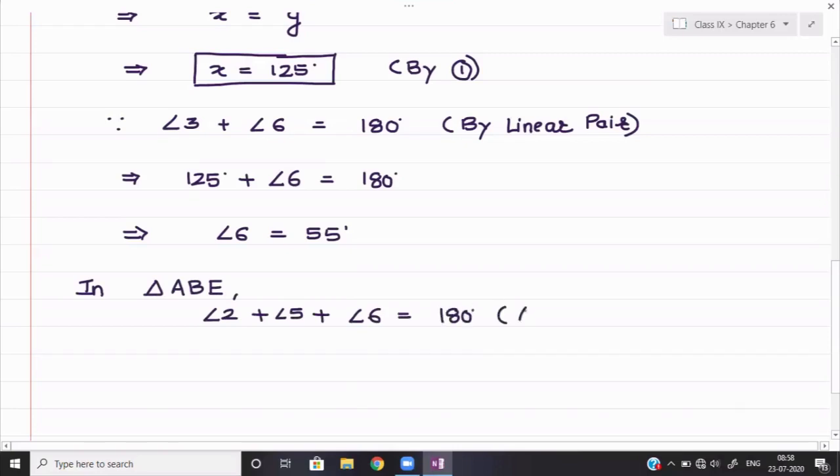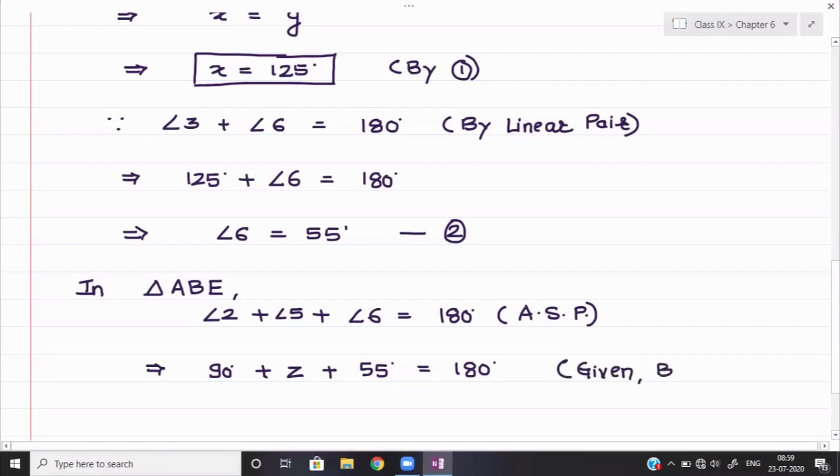That is with the help of angle sum property. Now angle 2 we have here 90 degree. Angle 5 means that is the value of z we need to find out, and angle 6 we got just now, that is 55 degree, is equal to 180 degree. Angle 2 we have written 90 degree with the help of the given, and angle 6 we have written 55 degree with the help of equation number 1. So here the reason can be given because of angle 2 is 90 degree and by equation 1.